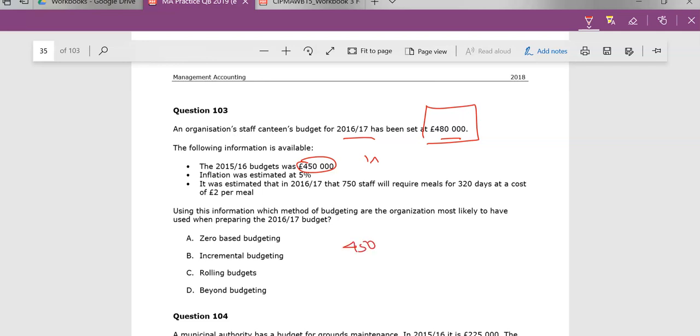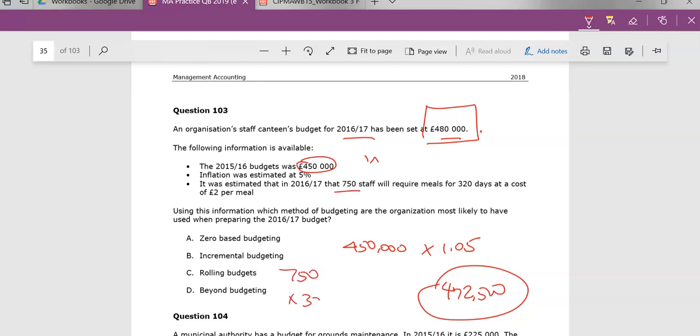If it was incremental, they would have said 450,000 times 1.05, which would take you to 472,500, and that is not it. So they haven't used an incremental method. What have they done? They've estimated that 750 staff will require meals for 320 days, at a cost of £2, and you multiply all this together and you get 480,000. So they have used zero-based budgeting.